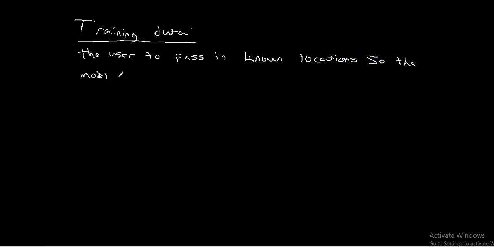You can think of training data as a way for the user to pass in known locations, so the model, in quotes, knows what each class should look like.